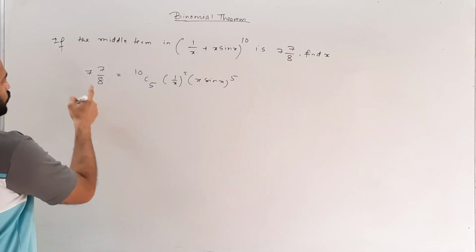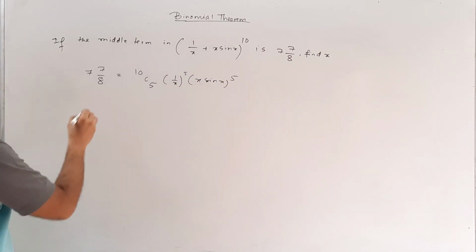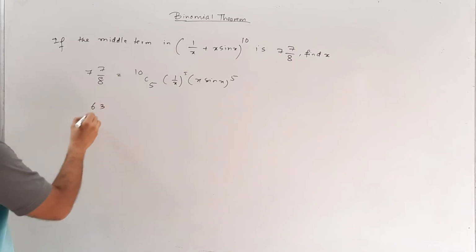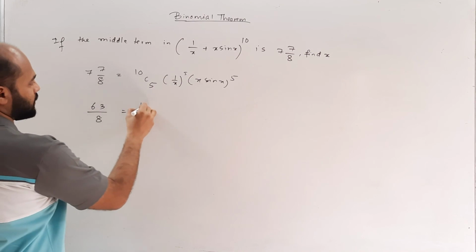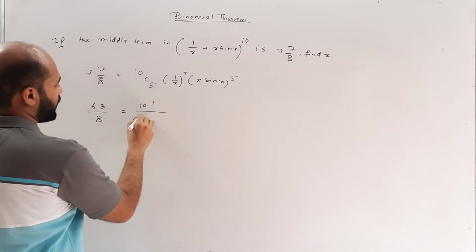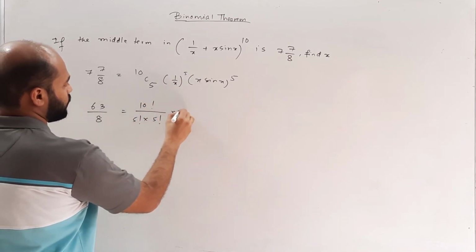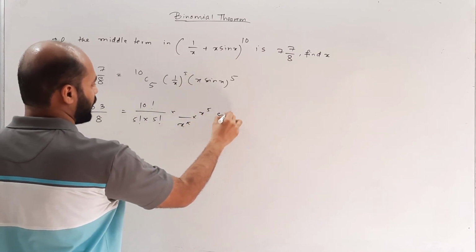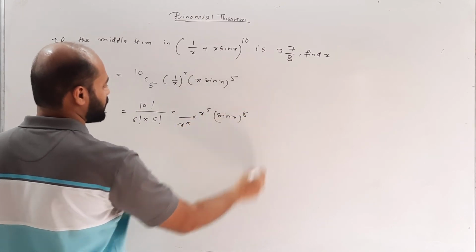If we go by this rule, 56 plus 7, that's going to be 63 by 8. This is 10 factorial by 5 factorial into 5 factorial, which is x raised to 5 over here, x raised to 5, and sin x raised to 5 is what we get.